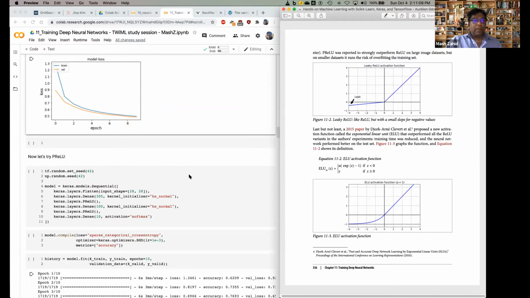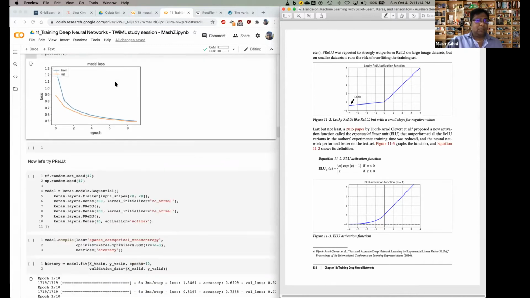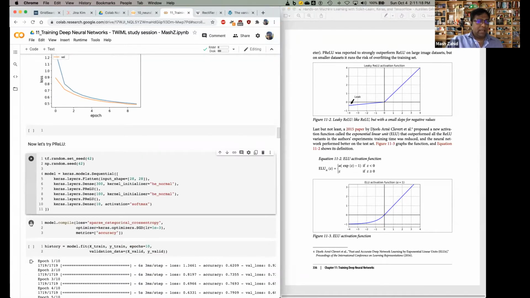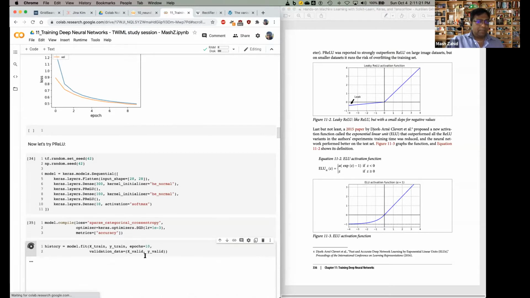And so that will perform better than these two graphs we just saw for the straightforward Leaky ReLU. So let's go ahead and run that and see if that's indeed the case.